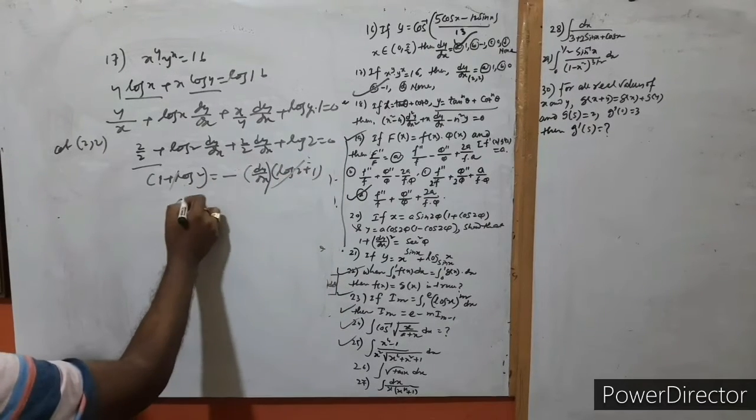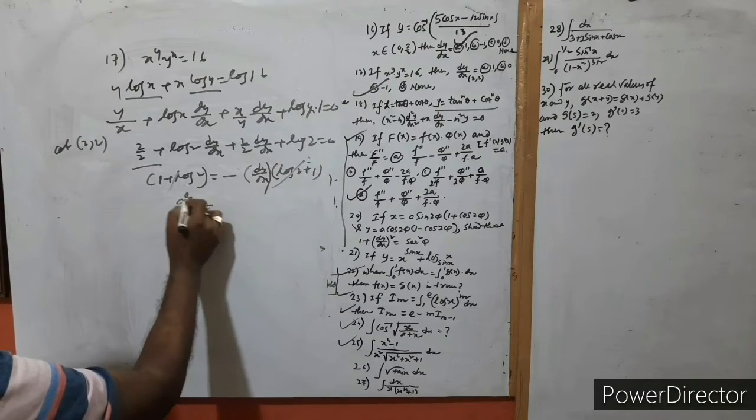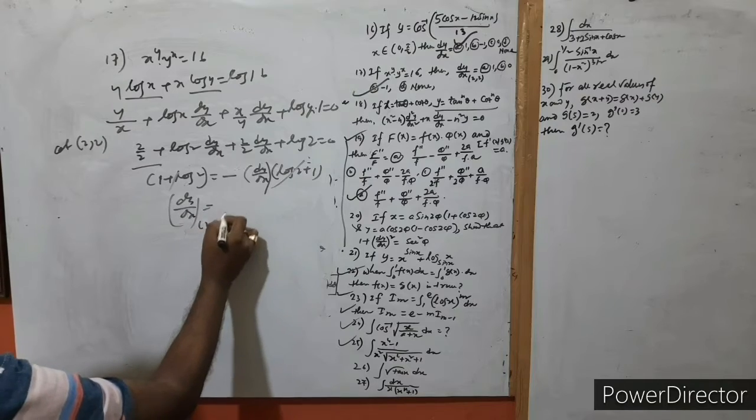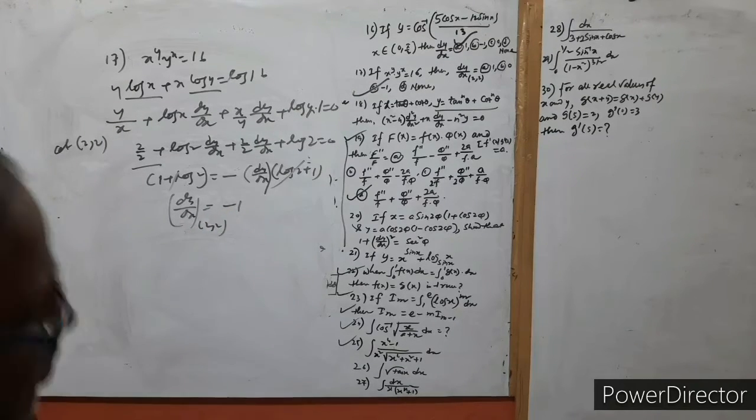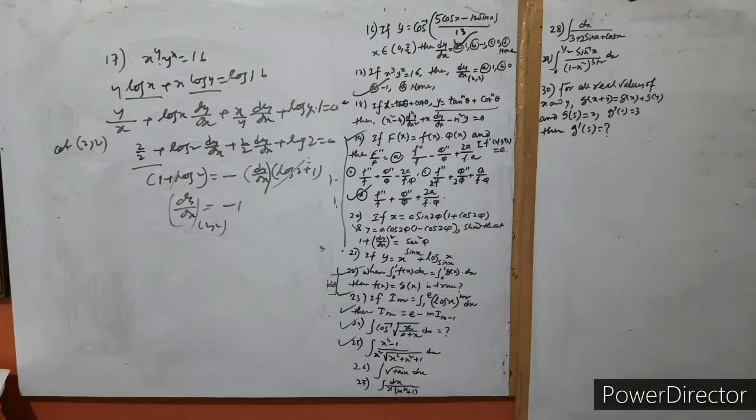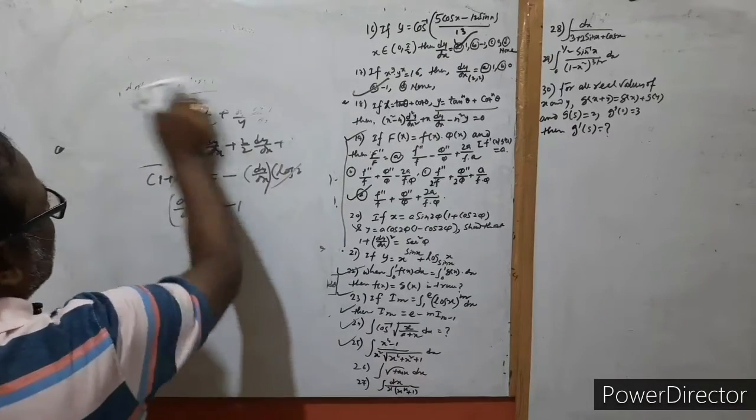This cancels, so dy by dx at 2 comma 2 is minus 1. Okay, and this is 17.